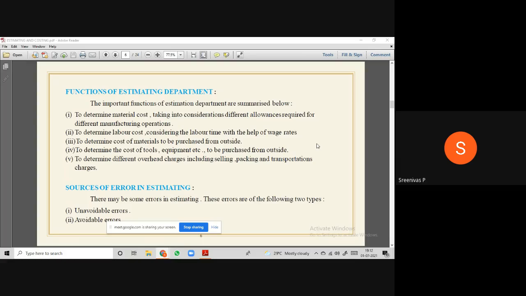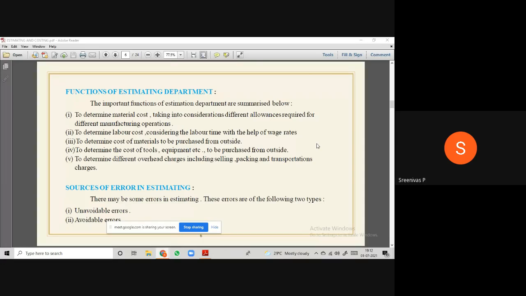Another quality of the estimator is he must cooperate with other departments such as the sales department, planning department, and some other departments. It depends upon the small scale industry or large scale industry.